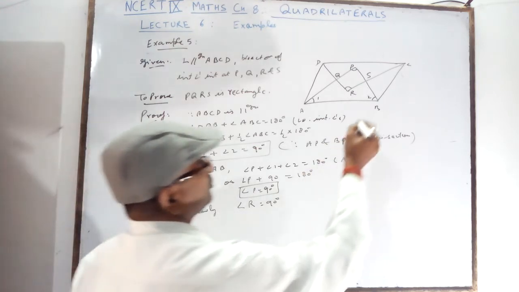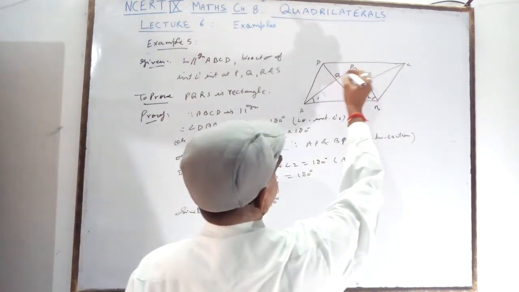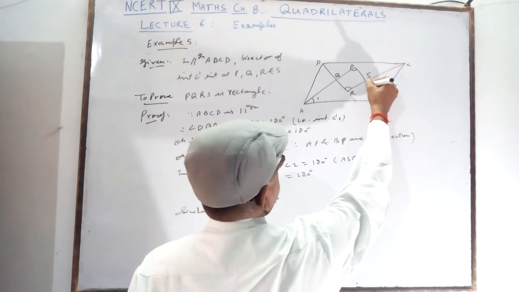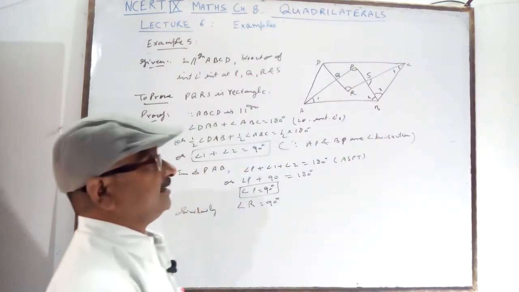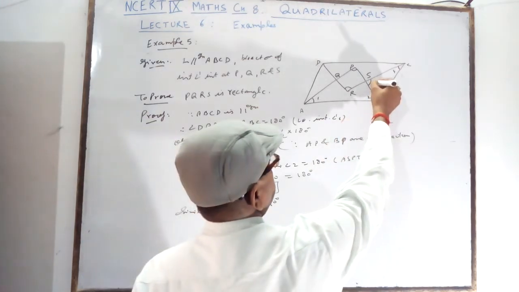Now you prove in this, angle 3 and 4, two angles of the quadrilateral.